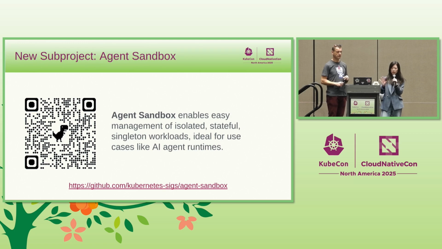For example, for agent tool calls, you want it to be stateful, with only a single replica. You need it to start up very fast, and you probably want to turn it down later after you're not using it. You also need a more isolated container runtime like gVisor or Kata Containers. So this is focusing on those use cases.